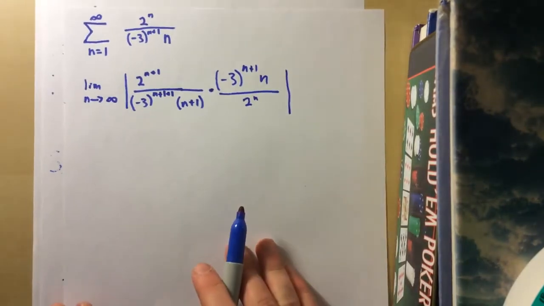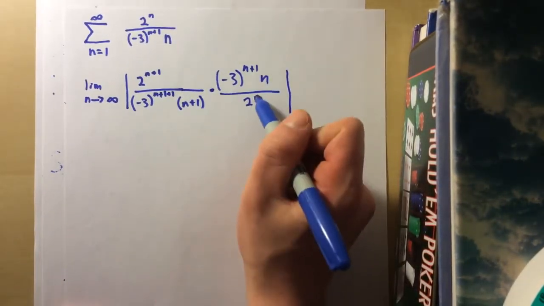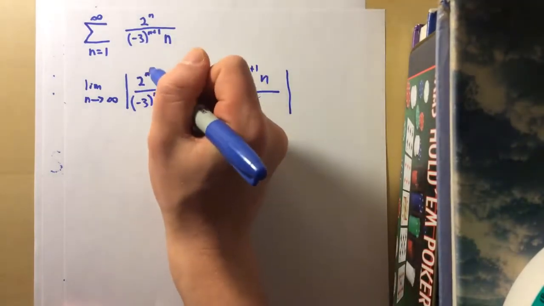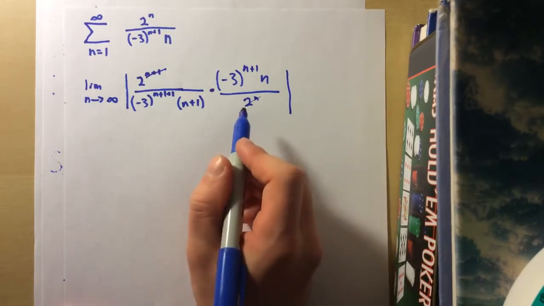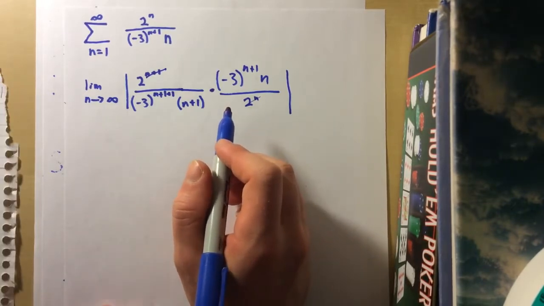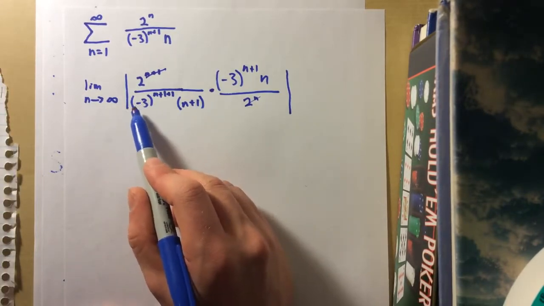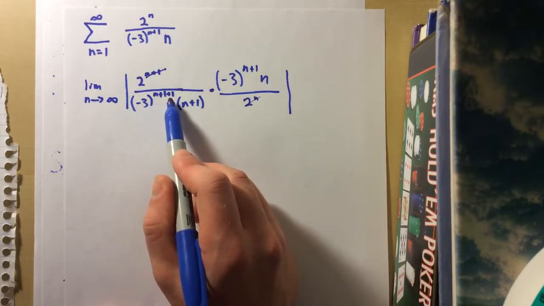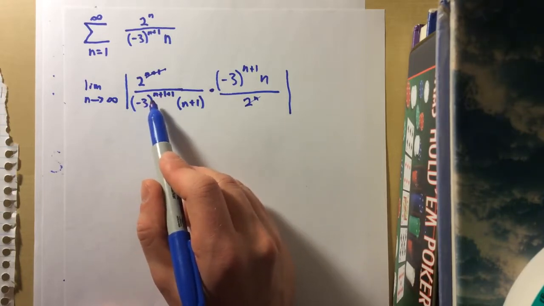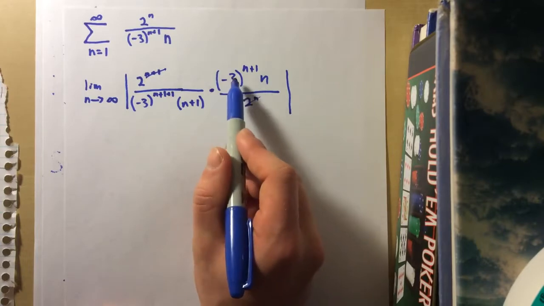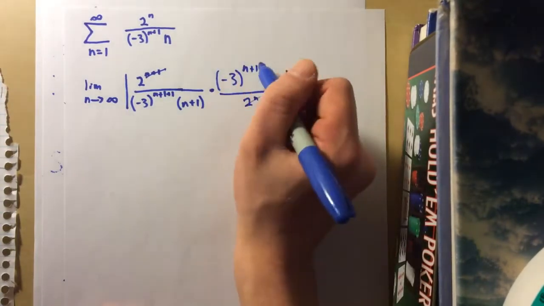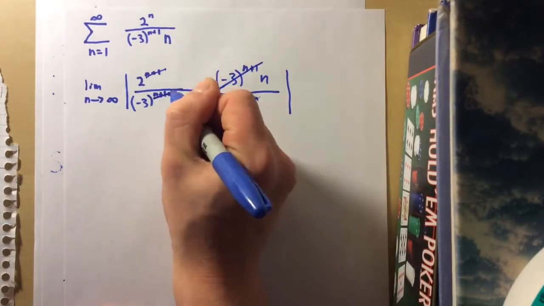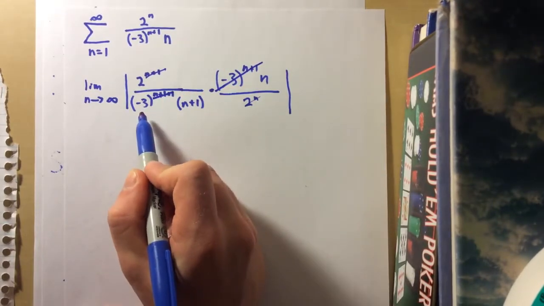Once again, you can see some cool algebra happening right here. This 2 to the n cancels out with this power, and we're left with a 2 on top. Also, this negative 3 to the n plus 1 plus 1 is just negative 3 to the n plus 2, and this is negative 3 to the n plus 1, so our denominator has one more negative 3. So all of this cancels, and we're left with a negative 3 on the bottom.